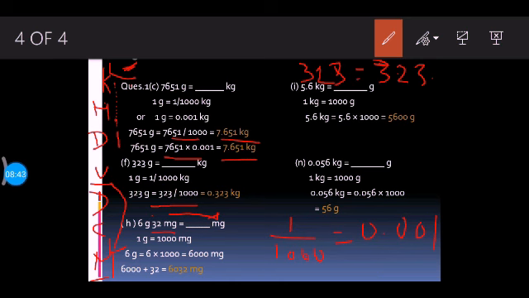That means I have to multiply with either 10 3 times or directly multiply with 1000, right? So 6 gram equals 6 into 1000, 6000 milligrams, and 32 is already given to you in milligrams, so you just add them both and you get the answer, that is 6032 milligrams.